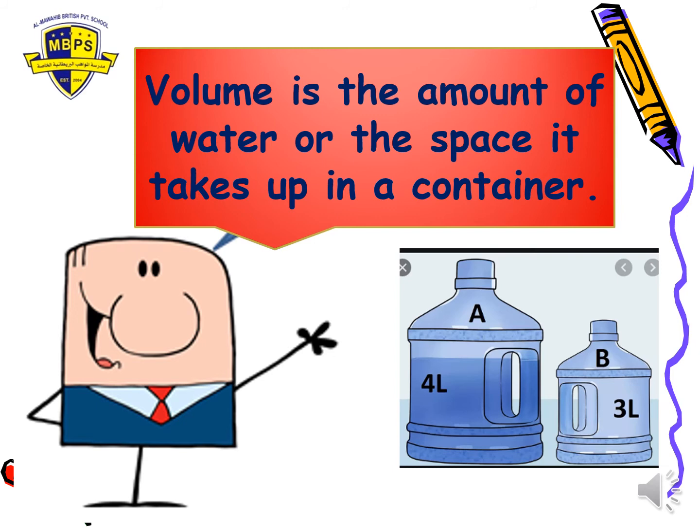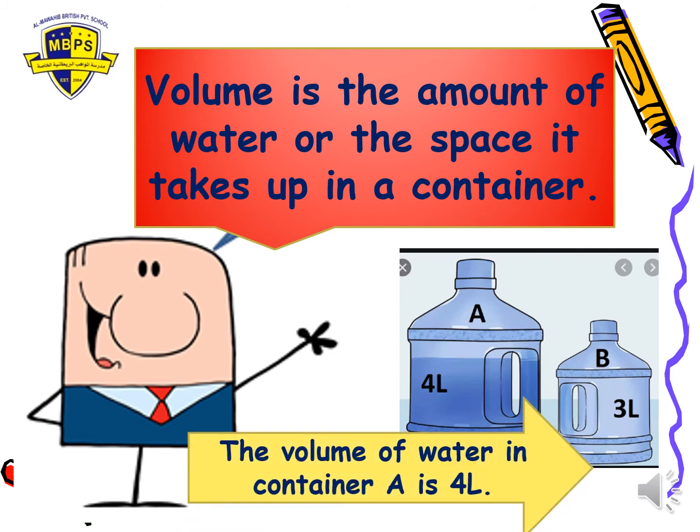And on container B, it's written 3 liters. The amount of water here, or the volume of water in container A, is 4 liters. But the amount of water in container B is, who can tell me? 3 liters.